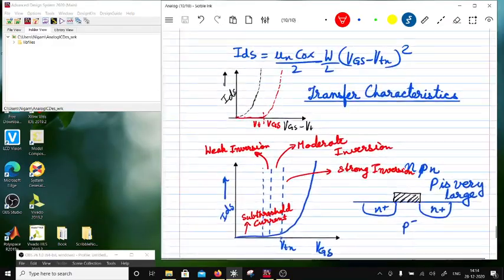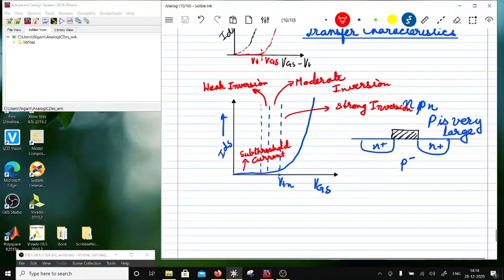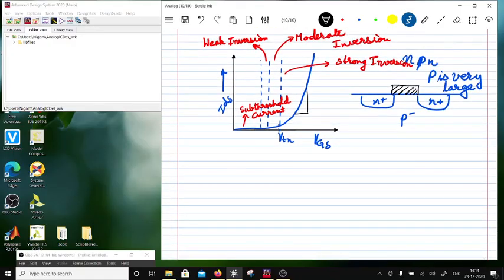Now, what do we extract from this transfer characteristics, right? So if I take this slope, this slope will be dou IDS over dou VGS. This will be equal to the GM of the device, or transconductance, or the slope is the transconductance.